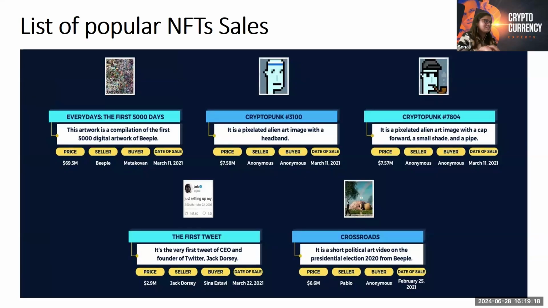So you can imagine how amazing this is. It was sold for $2.9 million. The seller was Jack Dorsey himself and the buyer was Sina Estavi. You can Google these people if you want to know who they are. Crossroads is a short political art video on the 2020 presidential election from Beeple. The seller was Pablo, the buyer was somebody else, don't know. Again in 2021, and the price was 6.6 million.